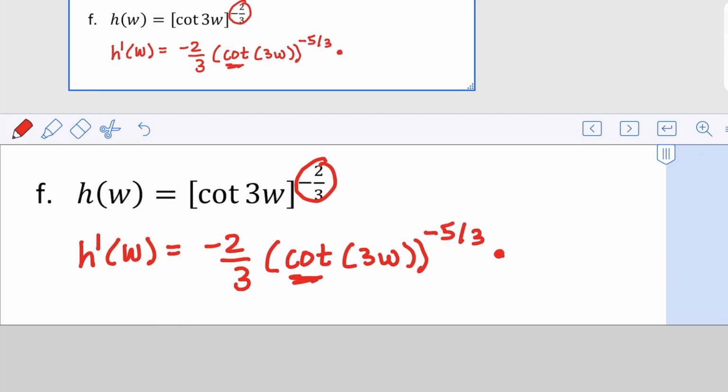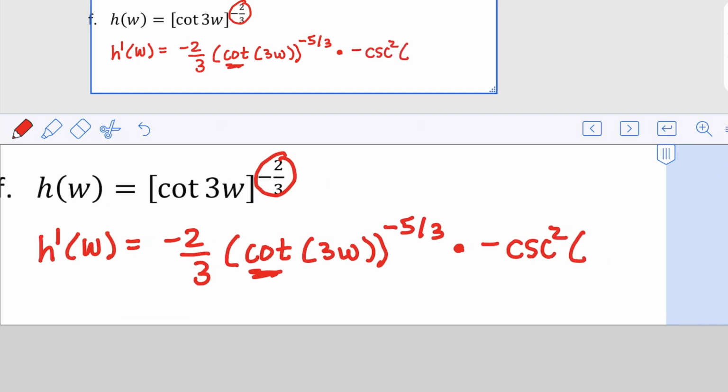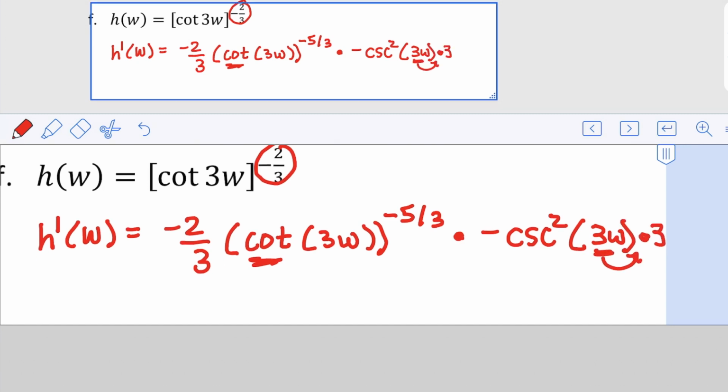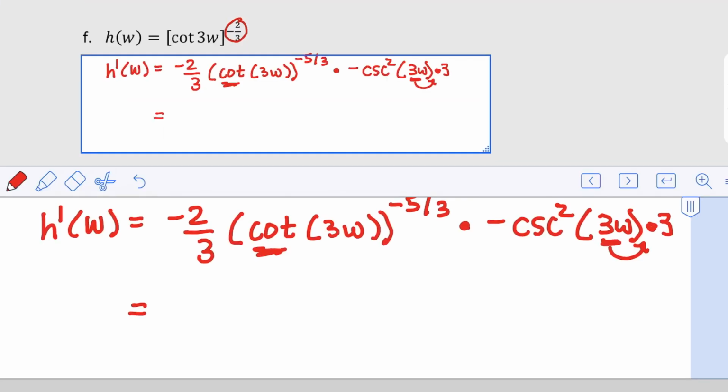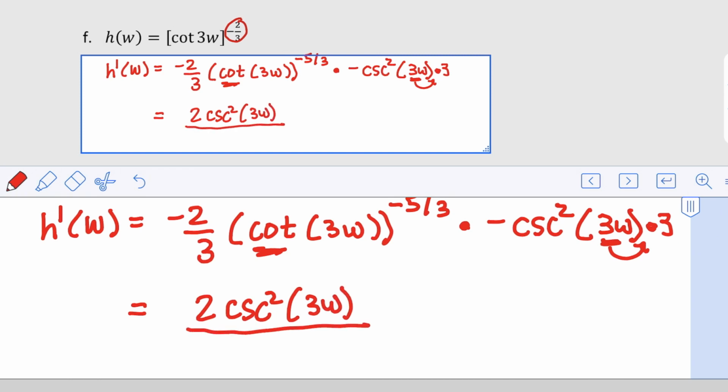And then working towards the inside, I'm going to multiply by the derivative of cotangent, which is negative cosecant squared, still with my angle of 3w. And then the very inside, the derivative of my angle is going to be 3. So if I multiply a few things together here, my negative 2/3 times my negative 3 cosecant squared, I'm just going to end up with that expression right there when I am all said and done.